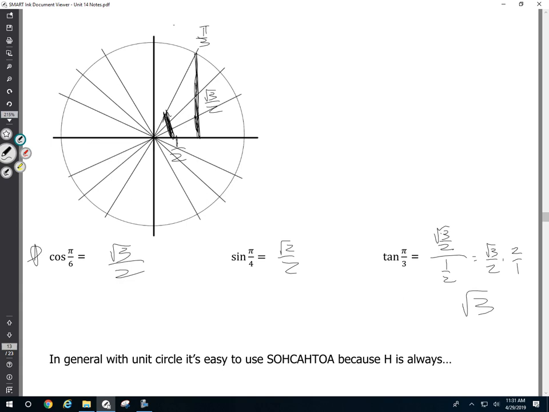Now, what's great about a unit circle and triangles inside a unit circle when using SOHCAHTOA, H is always consistent. What is H? What is the hypotenuse of all of these right triangles that I can draw? 1. No matter where I draw this right triangle, where I just drop the angle down to the x-axis, the hypotenuse is always 1.